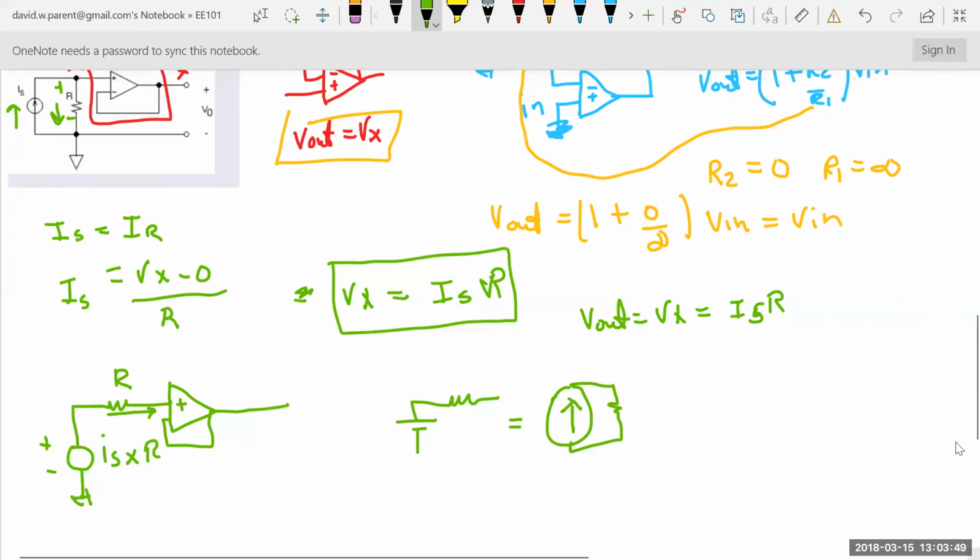I thought that was the back and forth. Because there's the Norton, right? This could be Thevenin, this would be the Thevenin, this would be the Norton, right? Unfortunately, and again, I might have to look it up, but when I do that source transformation and then put it in here, the ideal op amp now says it's 0, so it doesn't work. There are times where those source transformations don't work.